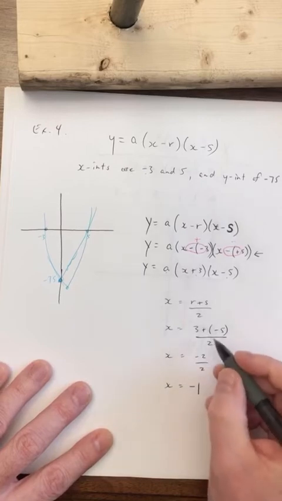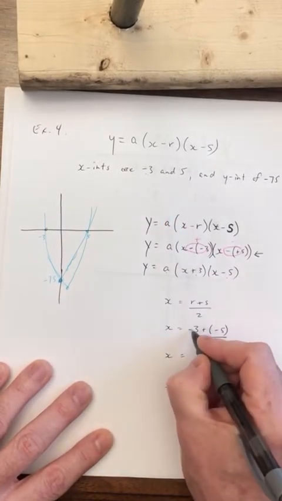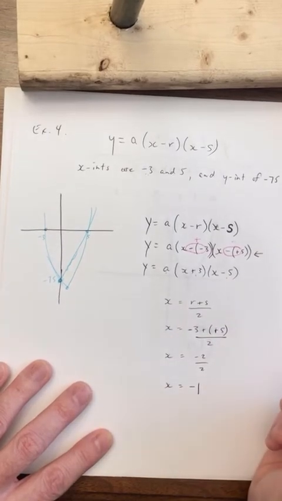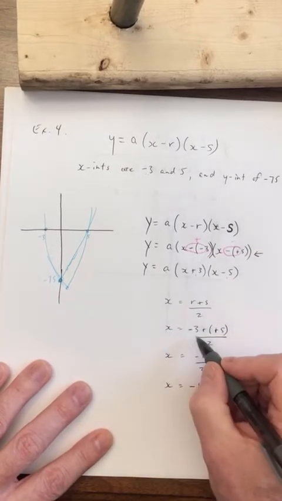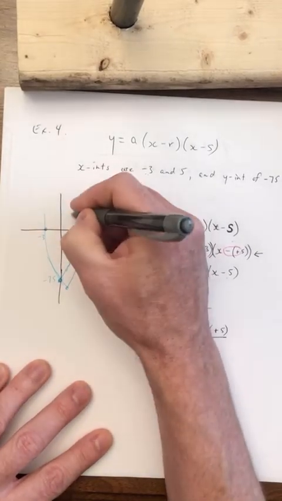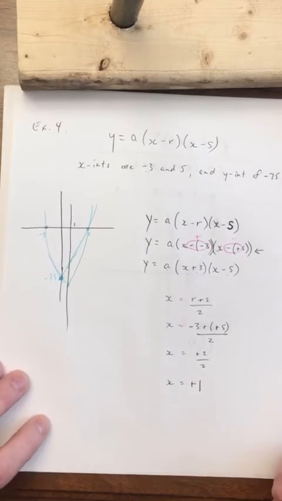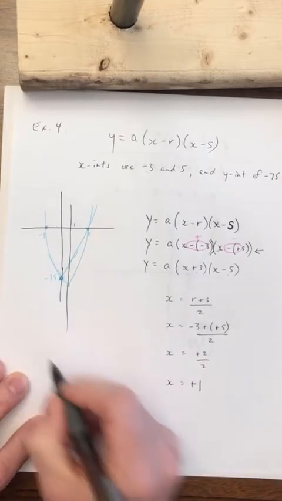And actually, my bad here. I did that backwards. Sorry, we have a negative 3 and a plus 5. So negative 3 plus 5 is positive 2, and divided by 2 we have a positive 1. There we go. There's our axis of symmetry at 1. Too early in the morning. And continue on then.